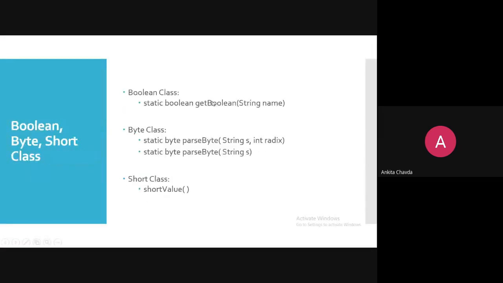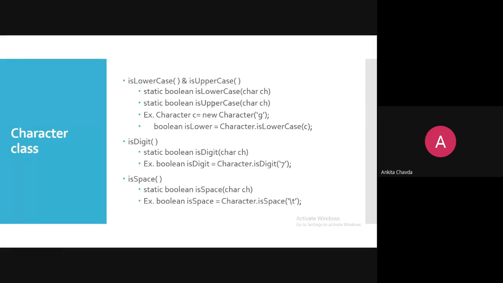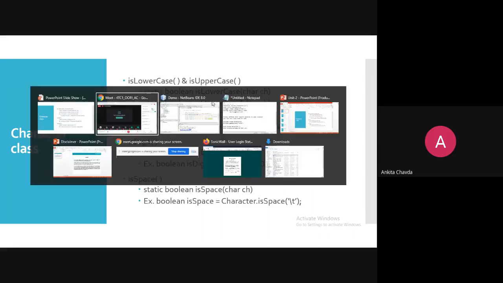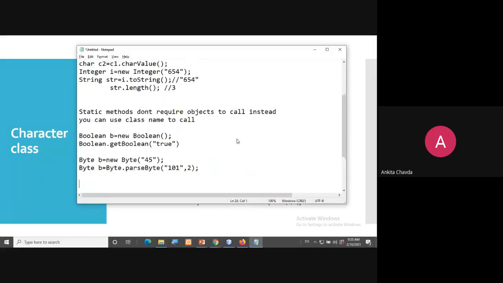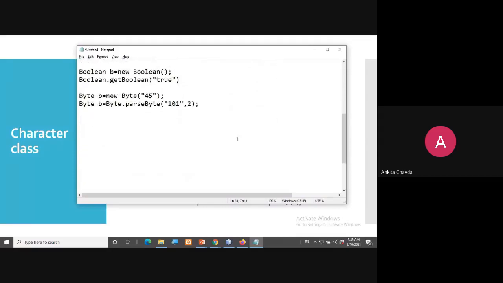Then we are having another important class, which is the Character class. Character class is a very rich class which will be having so many methods with it. So the very first methods are is lowercase, is uppercase. Now you have to remember one thing, that any method which starts with is, they are actually asking you a question.